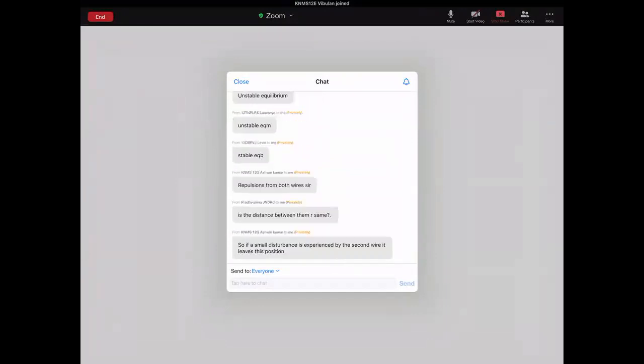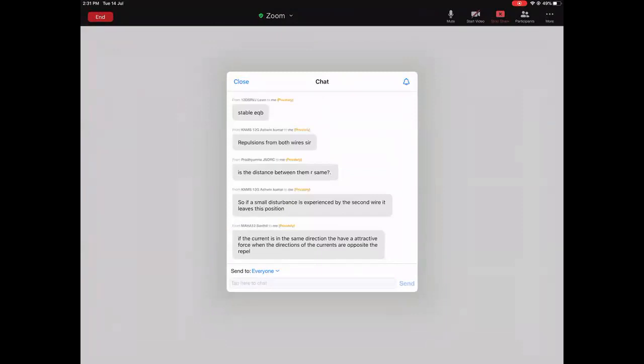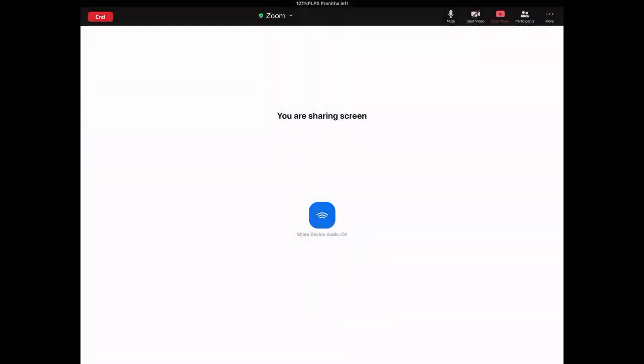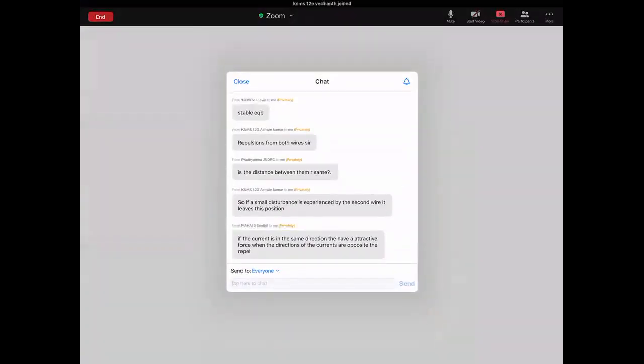Yeah, the distance between them is the same. If the currents are in the same direction there is an attractive force, and when the directions of the currents are opposite, obviously they will repel.